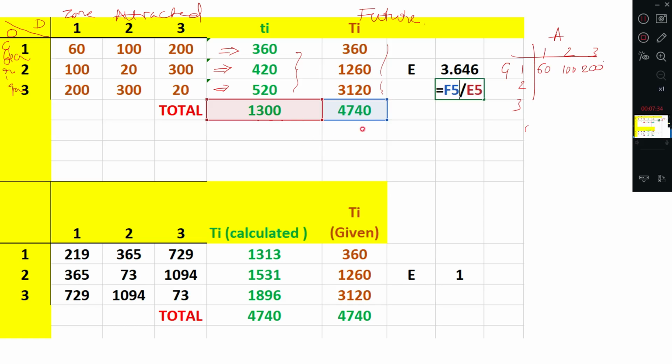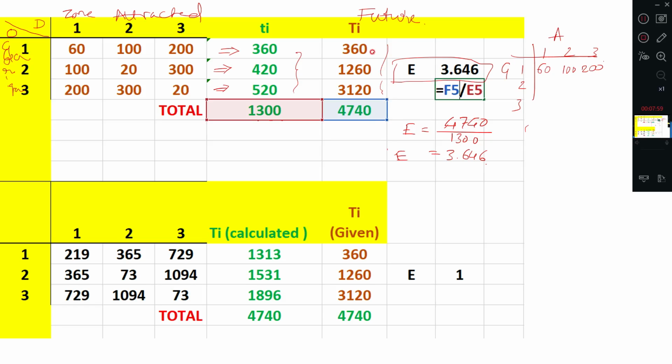So how to calculate the factor E? Future trips divided by the present trips will give us the growth factor E, which is 3.646. So this is a growth factor we have calculated.